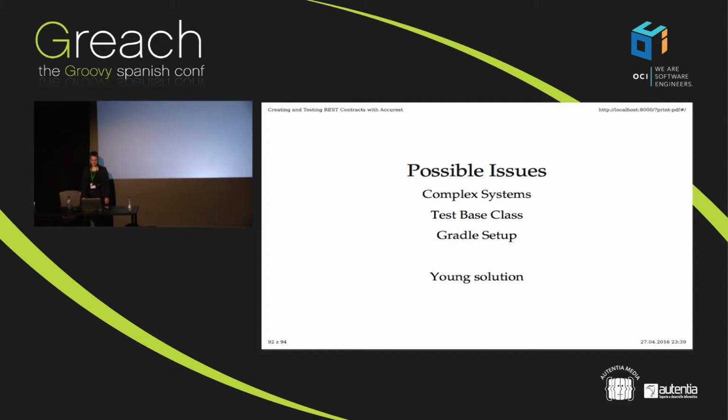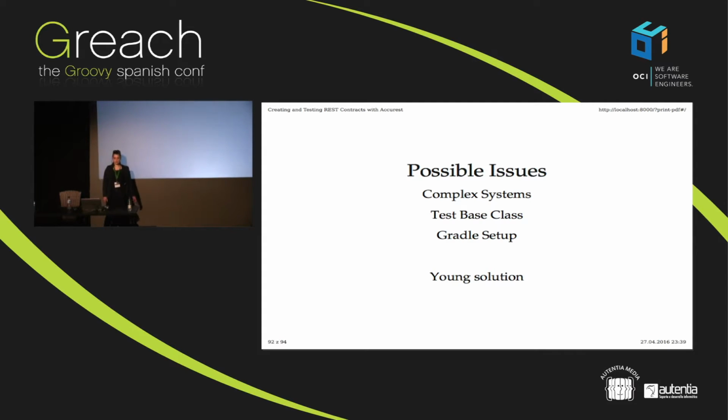Okay, when it comes to possible issues that we've had, Accurest has been made mostly with microservices in mind. And it works pretty well with them. However, while implementing this in more complex systems, sometimes it appears that if we need to stub, we need to also do a lot of mocking and stubbing, for example, of Spring configuration or other elements, and the Gradle setup becomes complex.